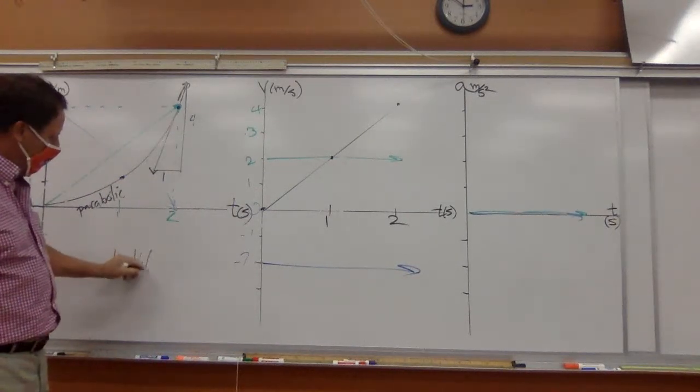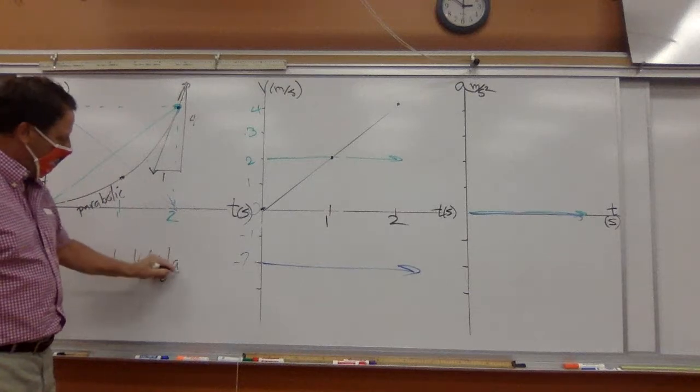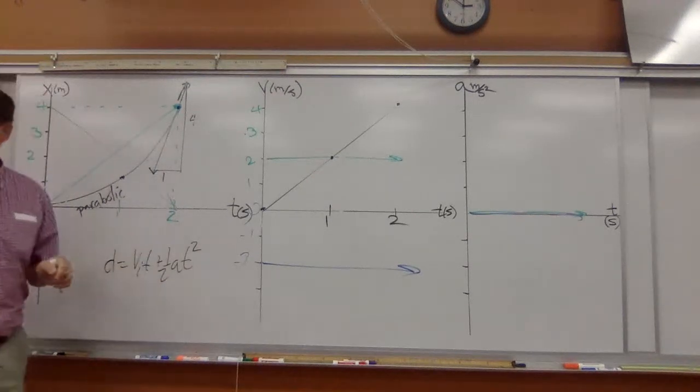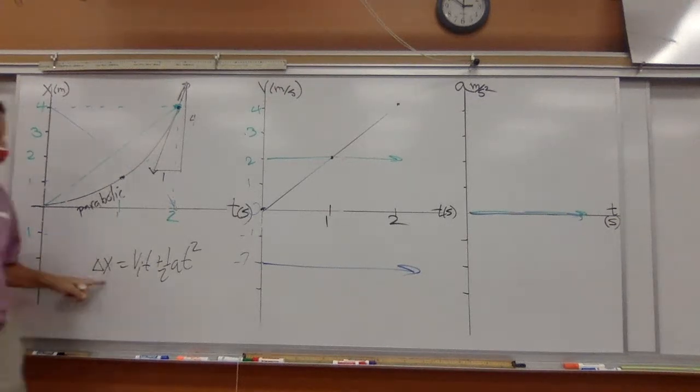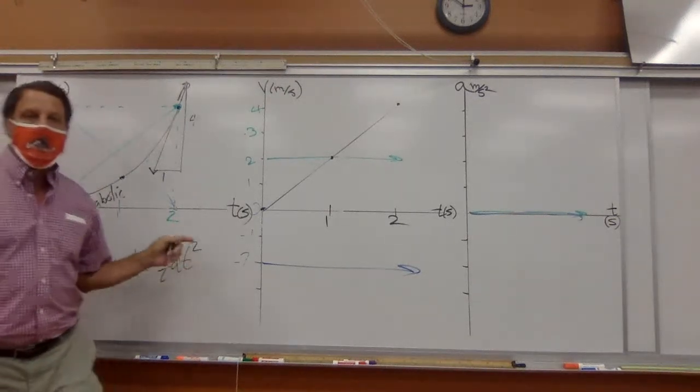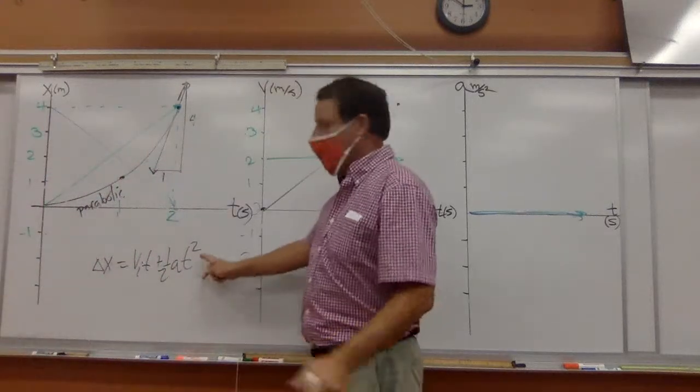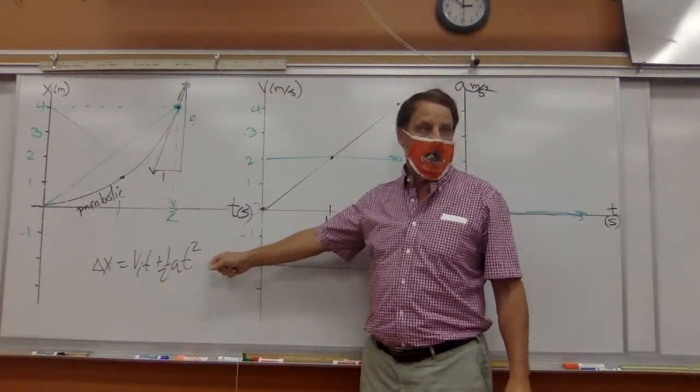And so it's always going to be, and if we kind of go back, distance or position is equal to v_i t plus 1/2 a t squared. So if we remember this equation from last week, and I might have had this as x, and I might have had this as delta x, okay? So this equation right here, we can see is a quadratic equation, which is going to give us a parabola, right?